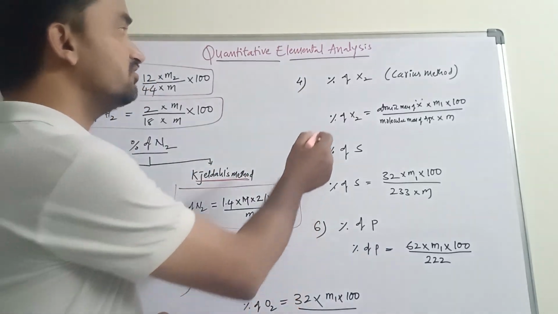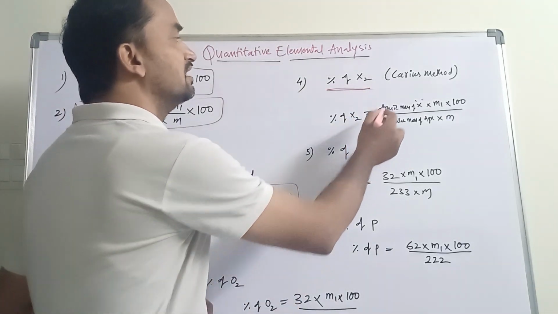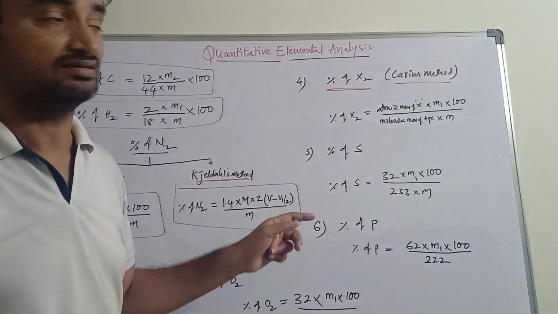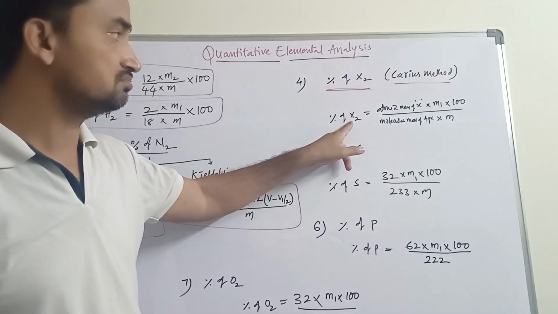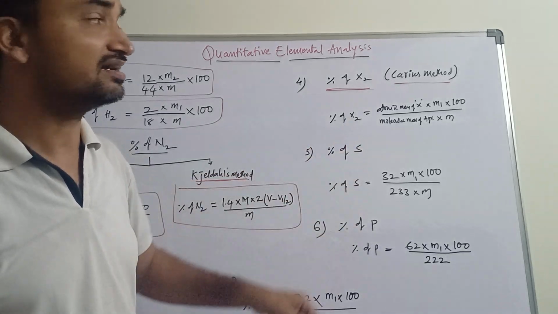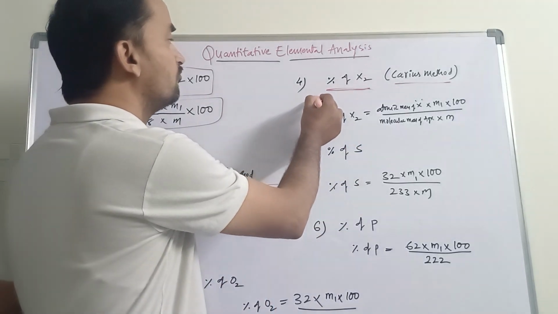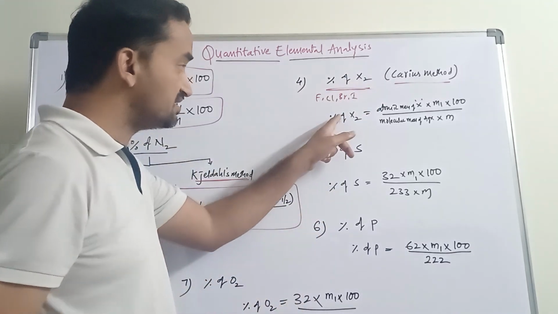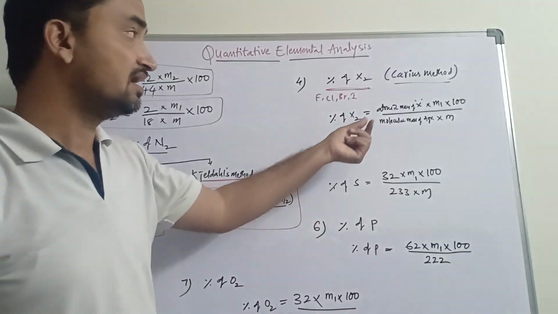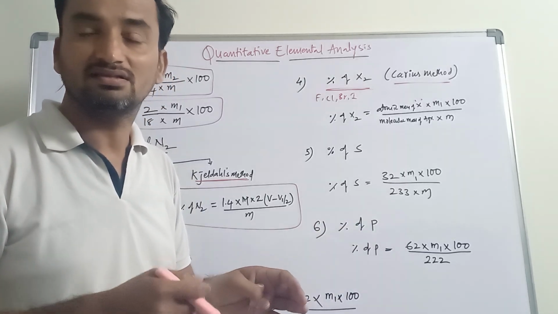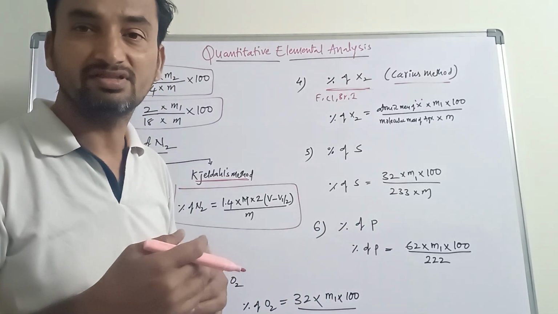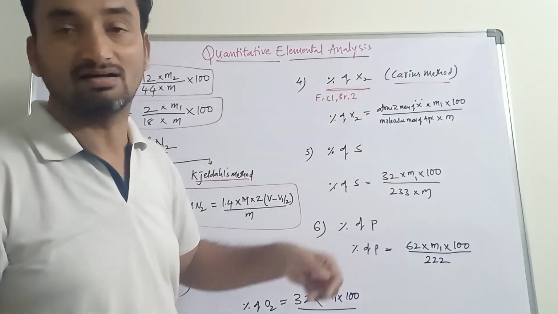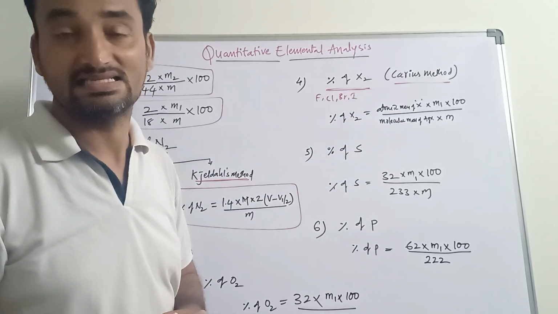Now the percentage of X, that is the halogen. This method is known as Carius method. X can be fluorine, chlorine, bromine or iodine. Here the organic compound is treated with silver nitrate, which converts it into silver halide.